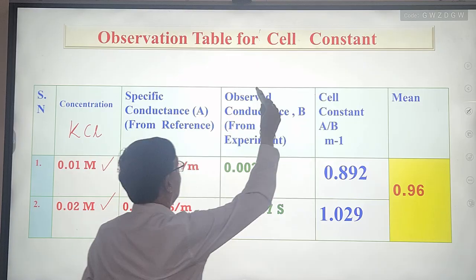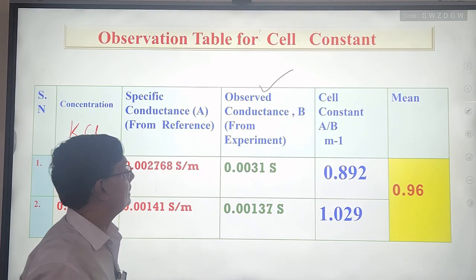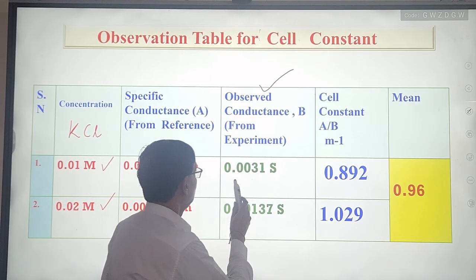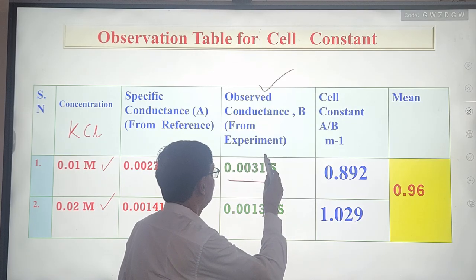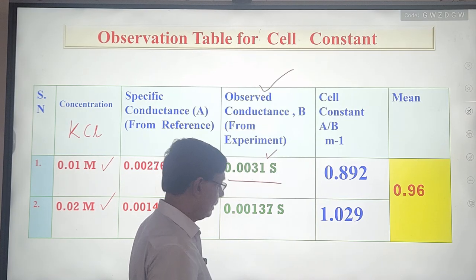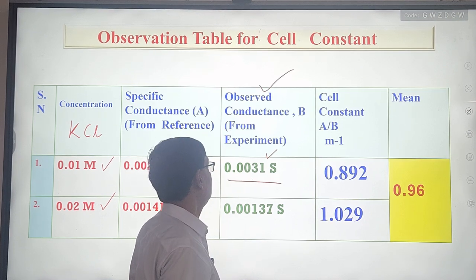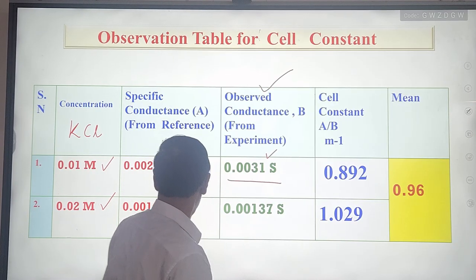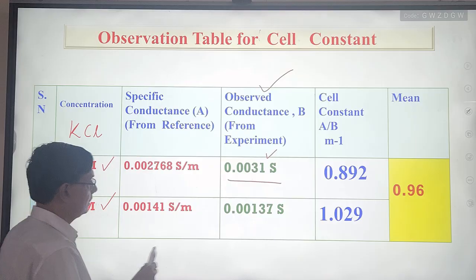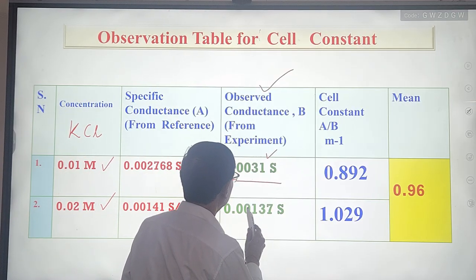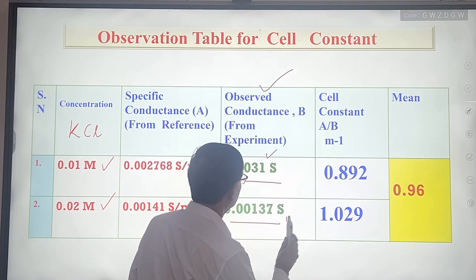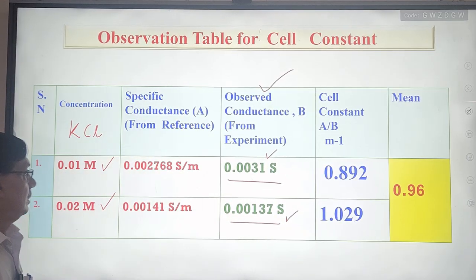Now your result is like that, observed conductance, and for M/100 you are getting 0.0031 or 3.1. I have seen your practical record, that is, I think, 3.1 millisiemens. And for second solution, you are getting 1.37 millisiemens.